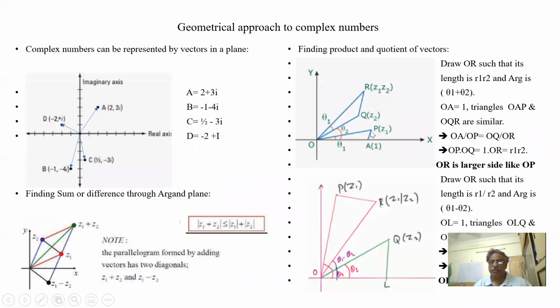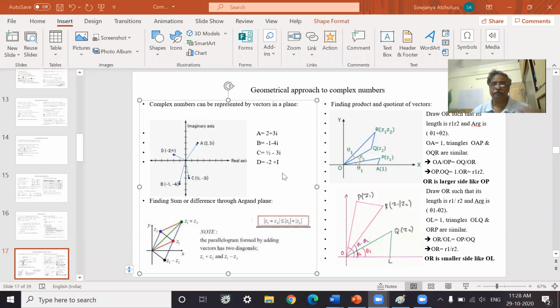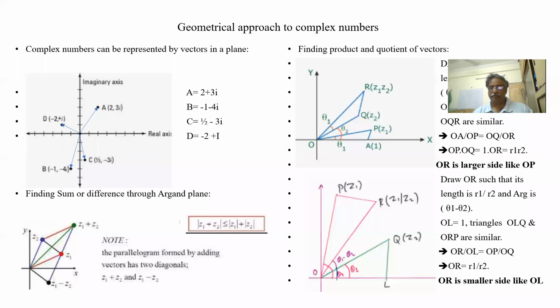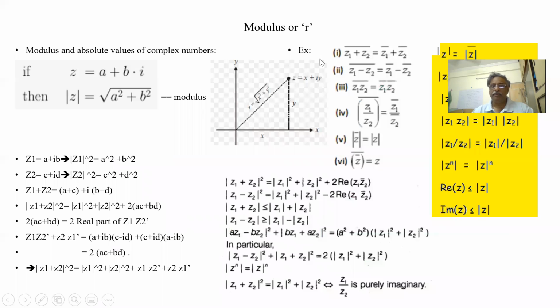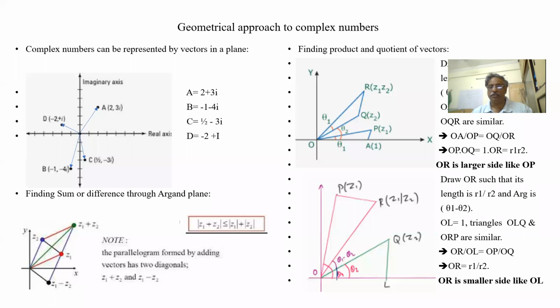Here you see, this is Z1. Let us continue the properties of complex numbers. We are discussing conjugate of Z1 Z2 is equal to Z1 bar into Z2 bar. Let us understand this concept.